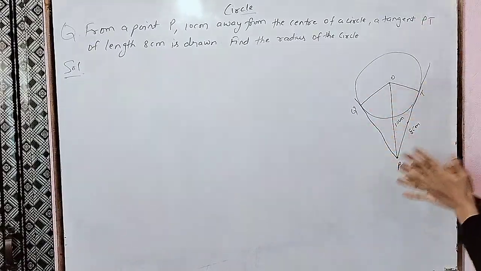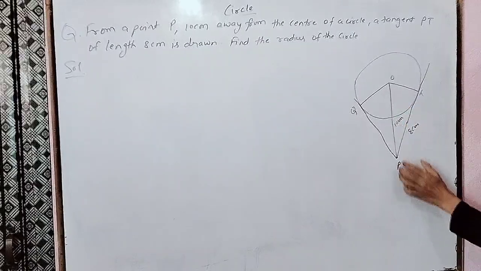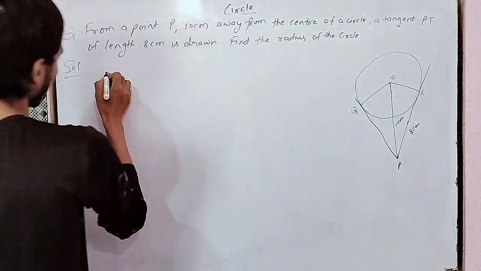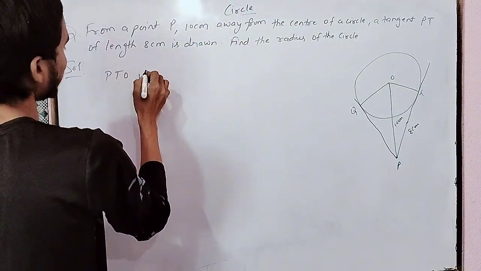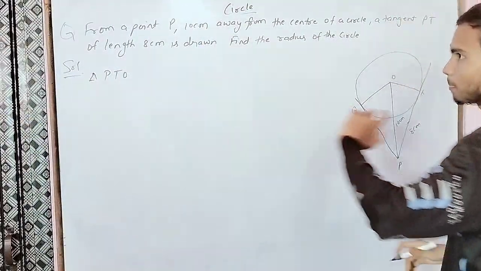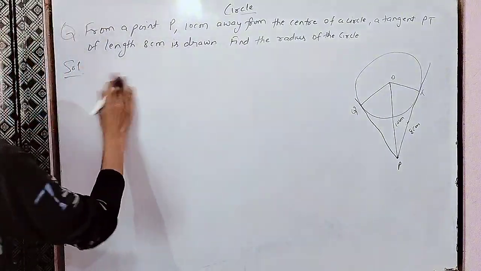It is easy. You can see we have a triangle, PTO.